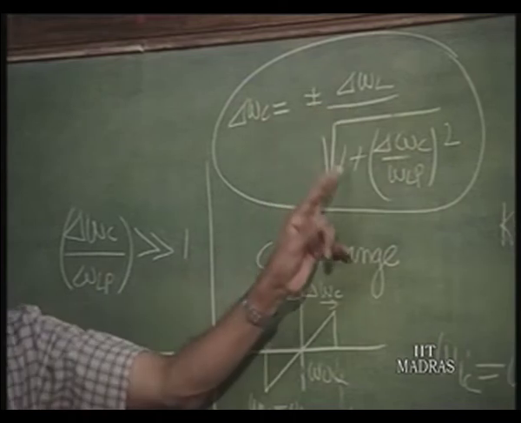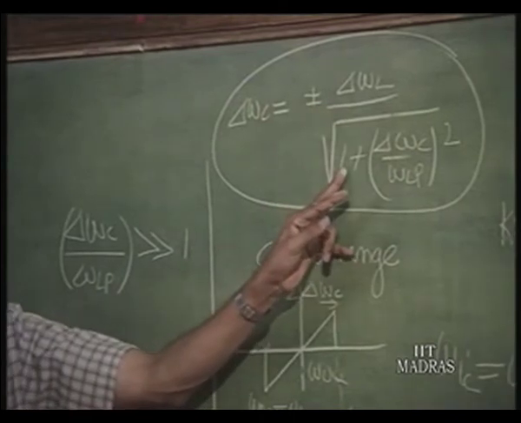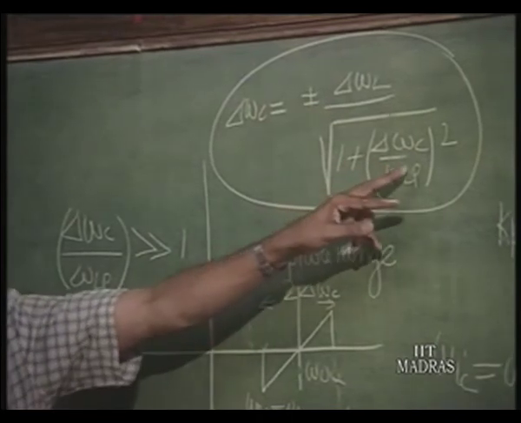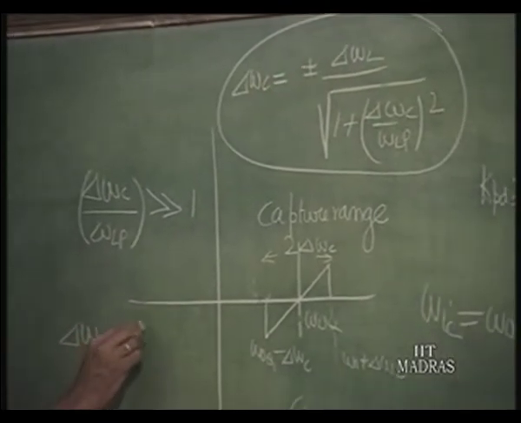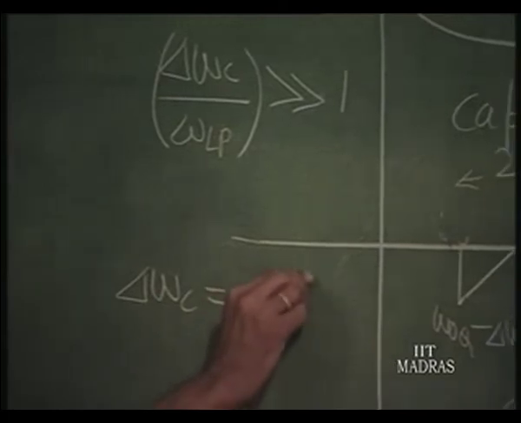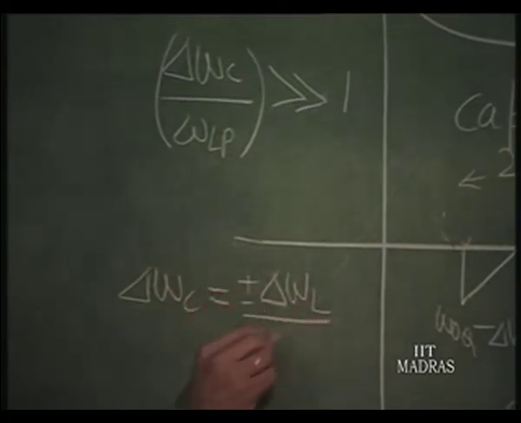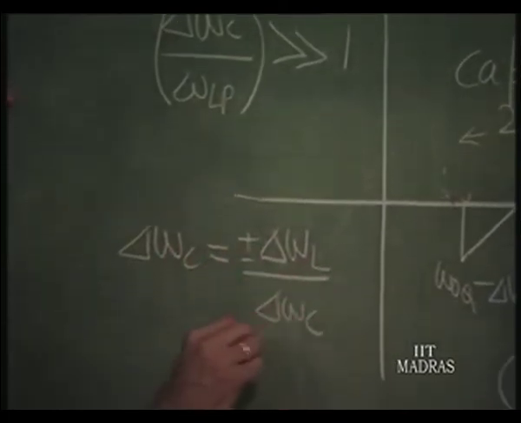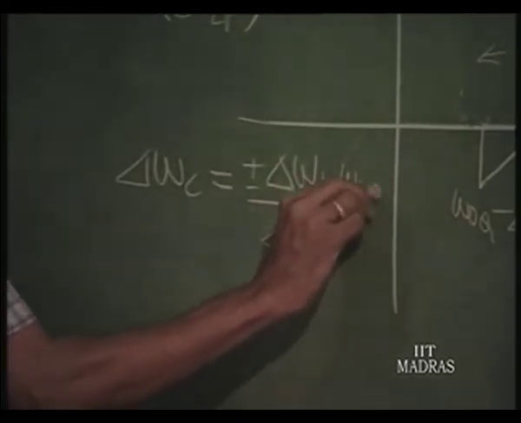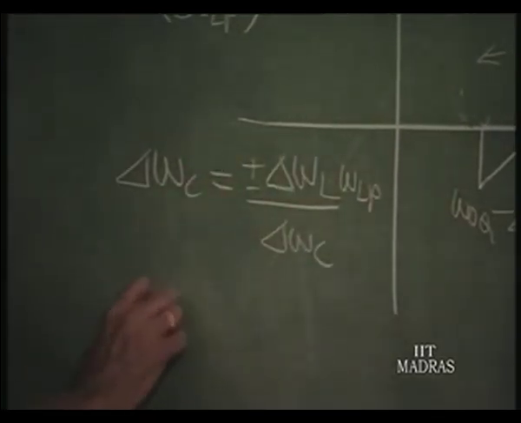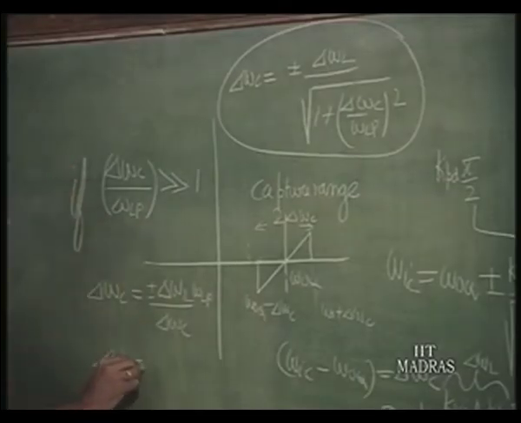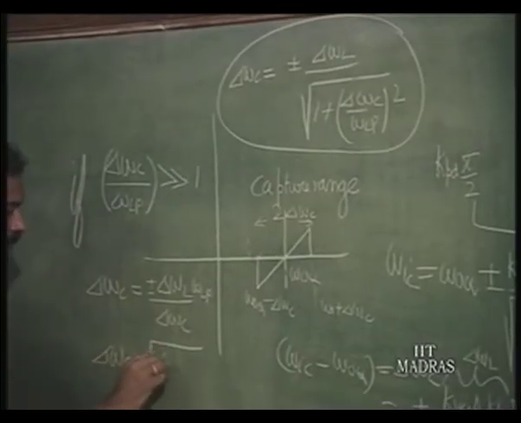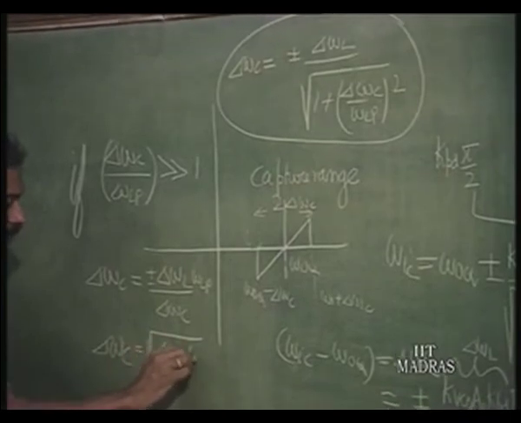Then this 1 can be ignored, and this becomes delta omega c equal delta omega L divided by delta omega c by omega Lp, or delta omega c equals root of delta omega L into omega Lp.